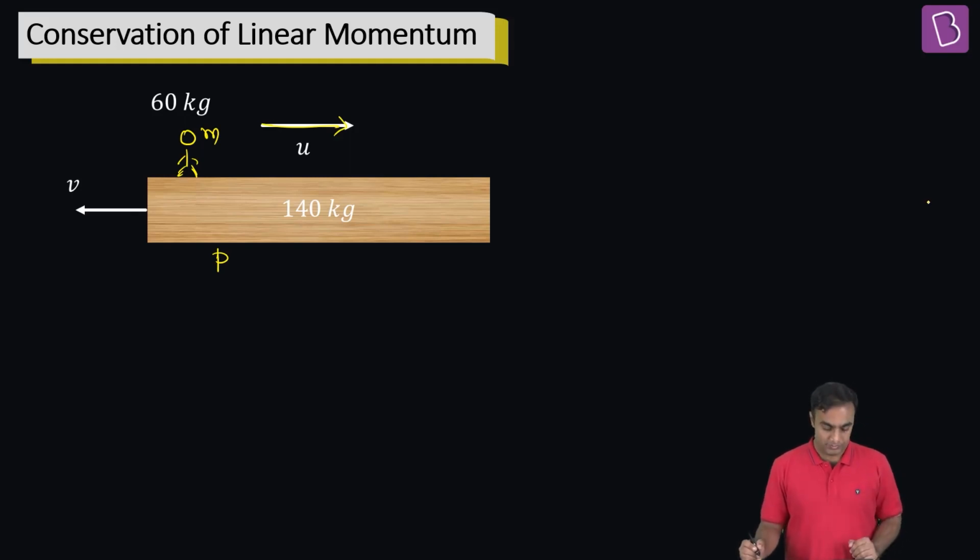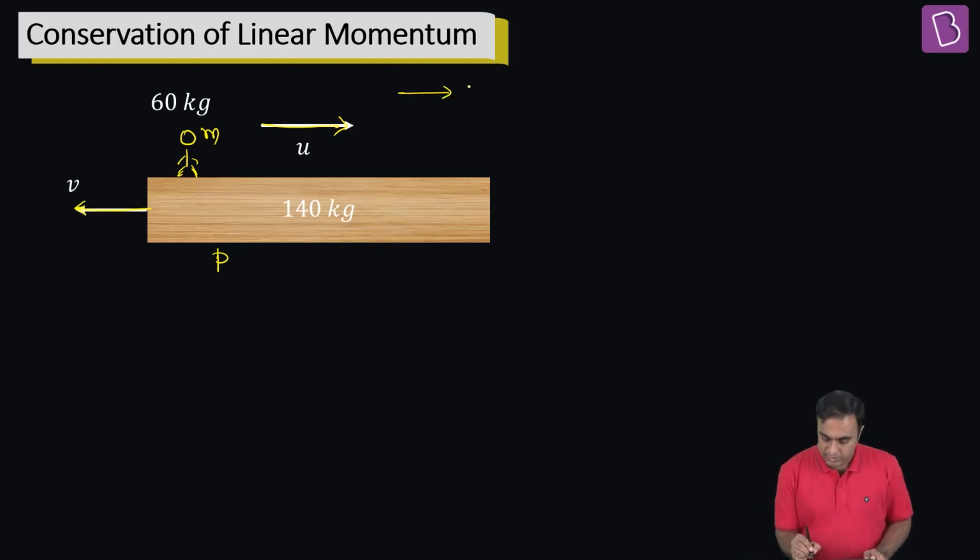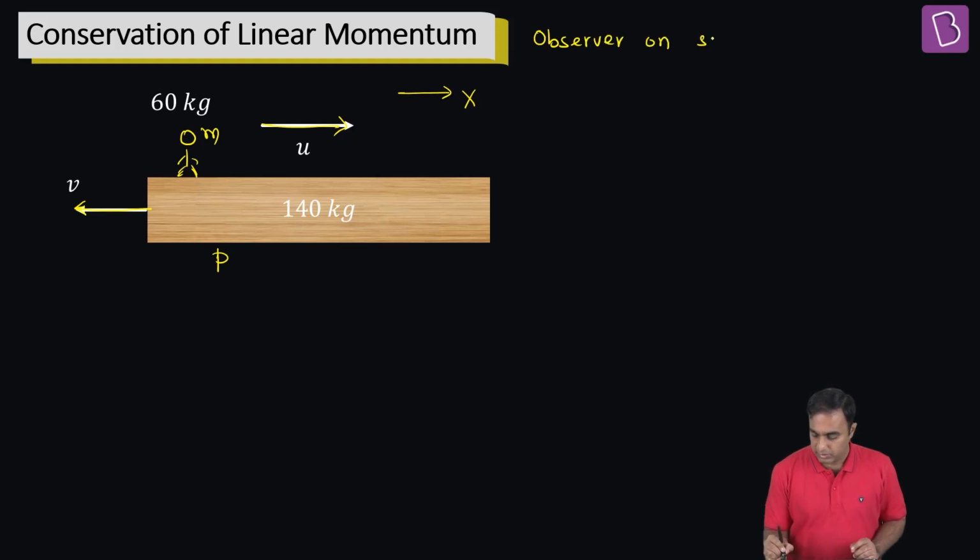Relative to platform. And let us consider the recoil velocity of the platform to be in the opposite direction and in magnitude v. If you consider this to be the x-axis and observer to be on the ground. Who is the observer? He is on ground. And let's designate the observer to be capital G.